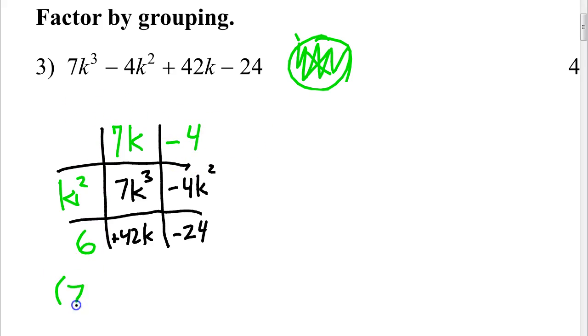Your answer is just 7k minus 4 and k squared plus 6 in either order. We know we wrote them as factors. It says factor by grouping. We have factors because we have multiplication at the end. And you could do a check on those and make sure it's absolutely correct. It'll come out to what the question was.